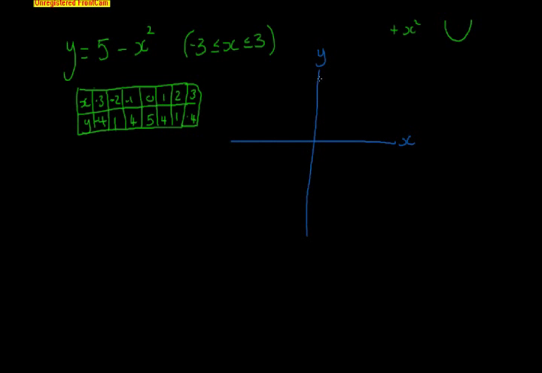I need my highest point up here, which is 5: 1, 2, 3, 4, and 5, then -4, -3, -2, -1, just negative, not decimal. And then I just need 1, 2, 3.